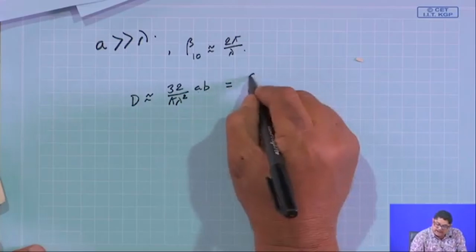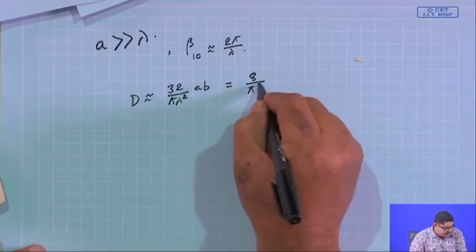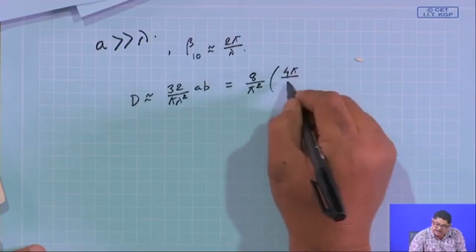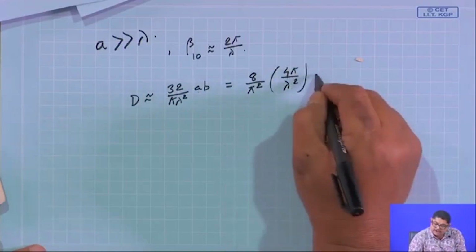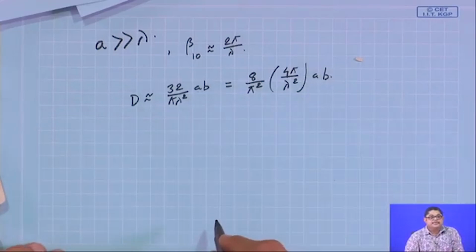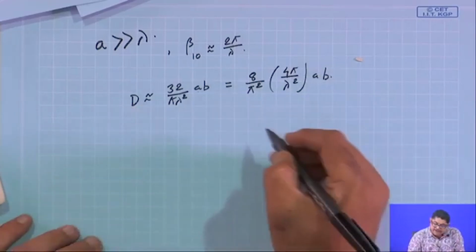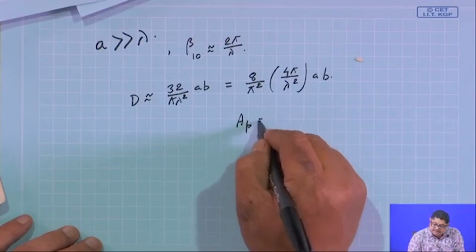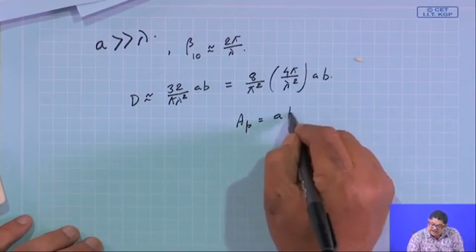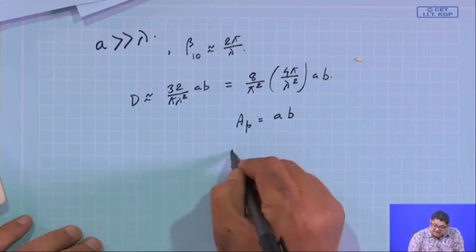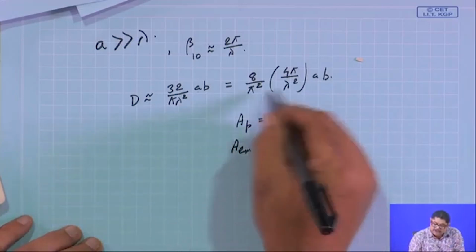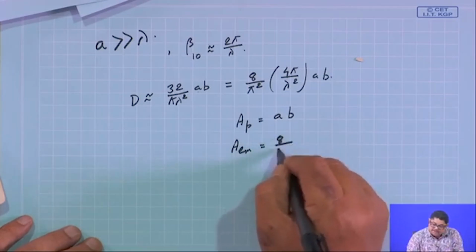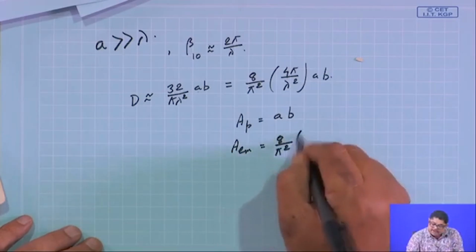So that I can write as 8 by pi square times 4 pi by lambda square AB. Now you see I can easily tell what my physical area is. Physical area is AB, but what is my AEM? Just look here. AEM is 8 by pi square into AB.